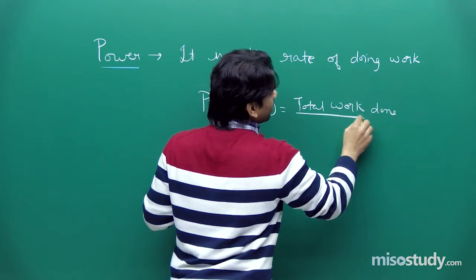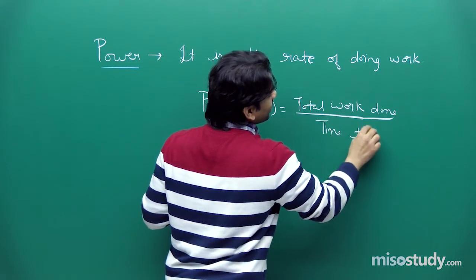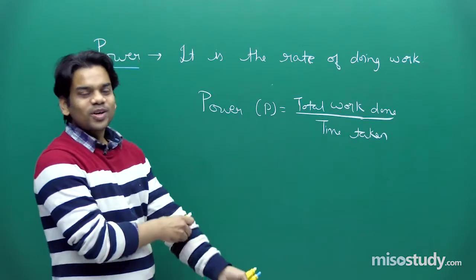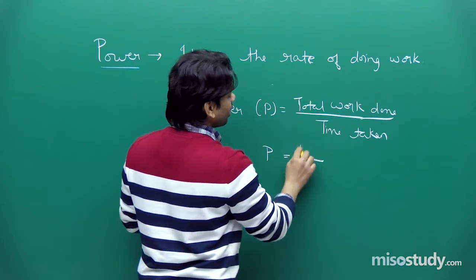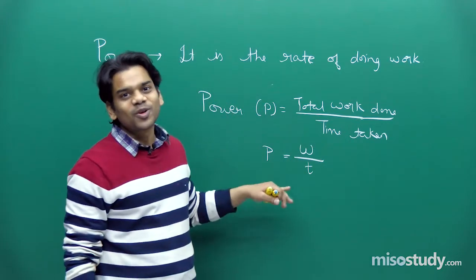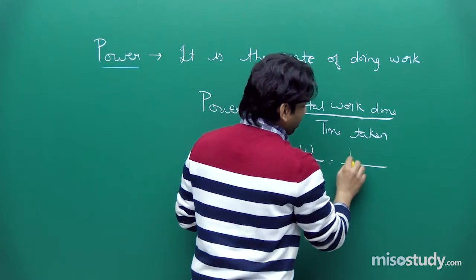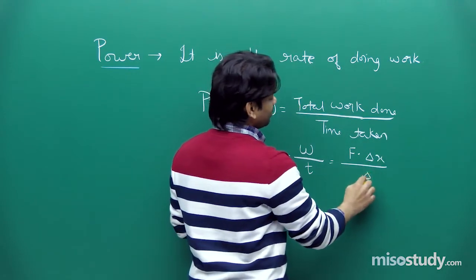We all know that if you apply a force, the work done by that force is given as F dot delta x. So power is equal to work done divided by time, where the work done by the force is F dot delta x, and let's say the time taken is delta t.